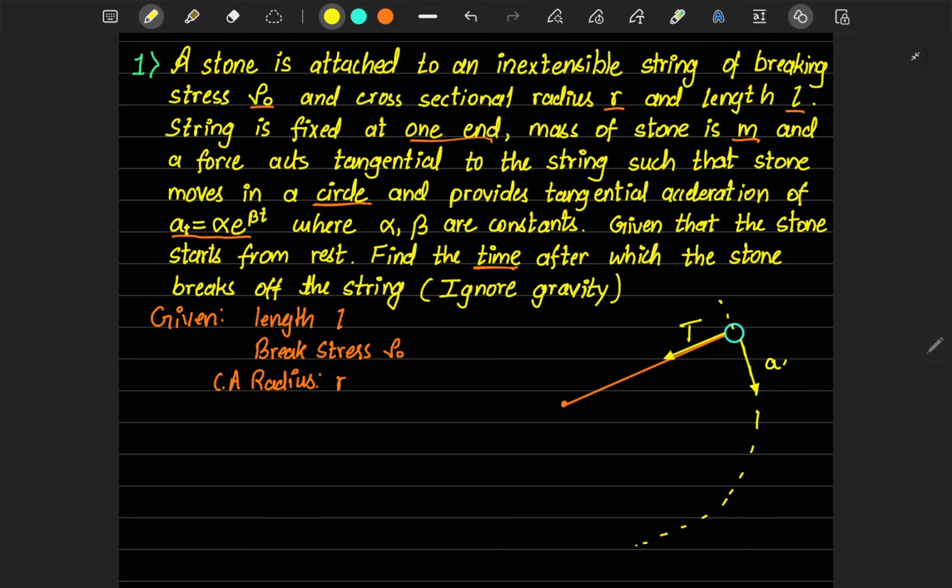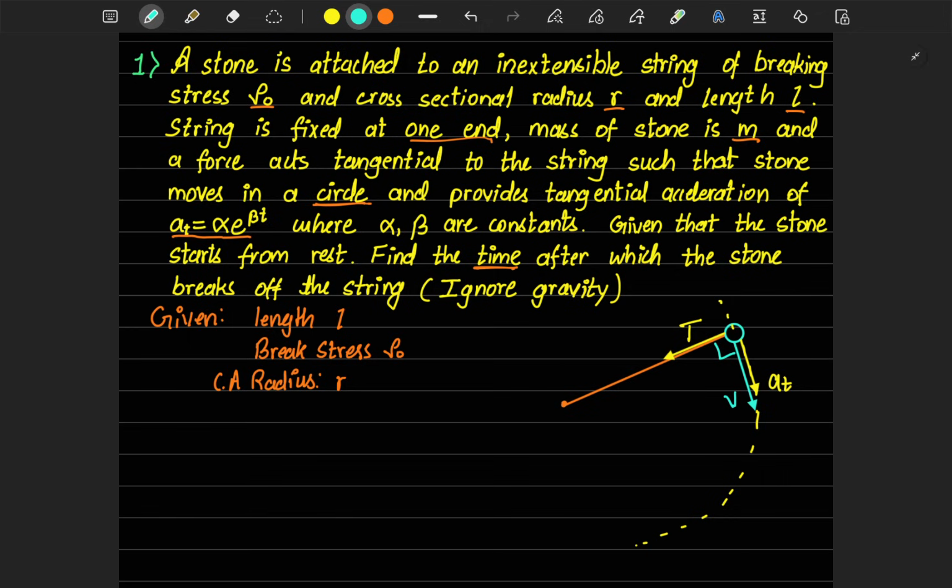So let this be our tangential acceleration. And then we have our velocity. We know in circular motion the velocity is always perpendicular to the centripetal force or centripetal acceleration. Okay, so this part is clear.